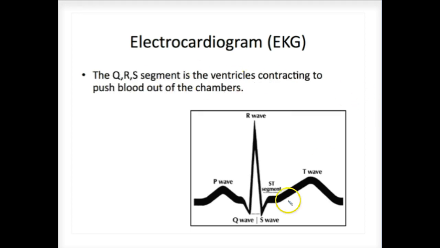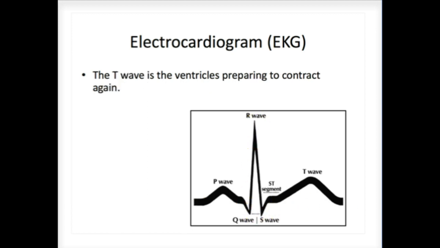The QRS segment is what's associated with our ventricular systole. In other words, we see the ventricles contracting. Notice how similar this looks to an action potential, which we have seen with skeletal muscle and the nervous system. And this just ties right into everything else we've talked about.